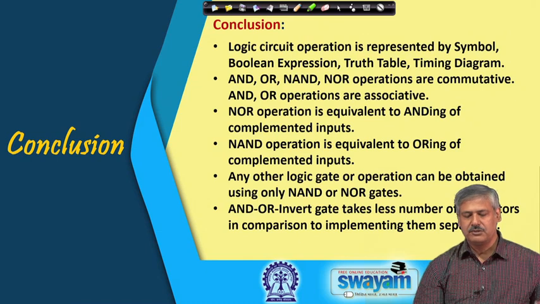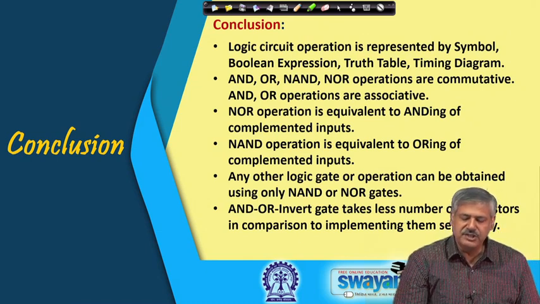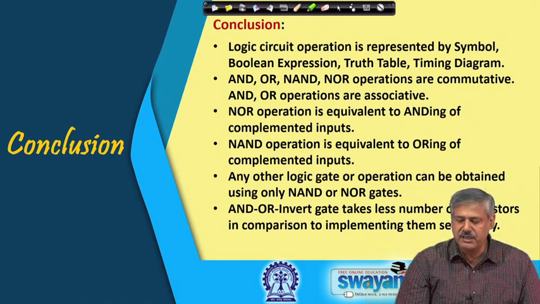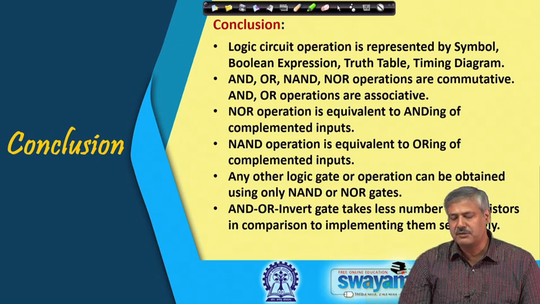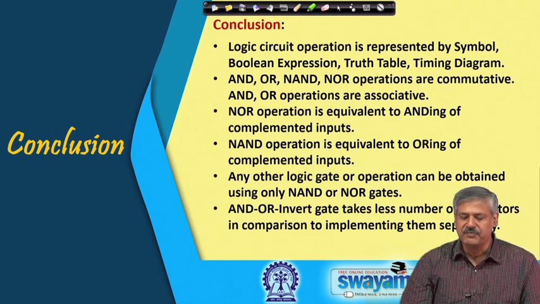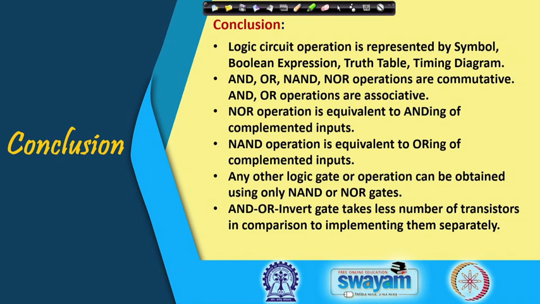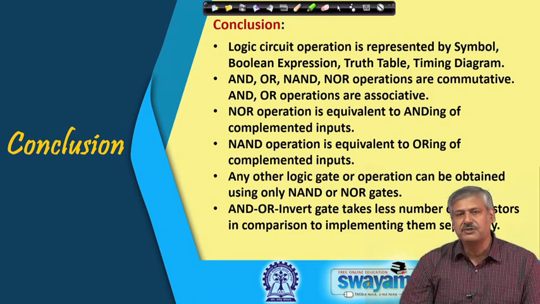And so, to conclude, the logic circuit operation can be represented by symbol, Boolean expression, truth table, timing diagram. We have seen that. AND or NAND NOR operations are commutative, but AND or OR operations are associative. The corresponding NAND NOR are not associative, which we shall discuss more later on.